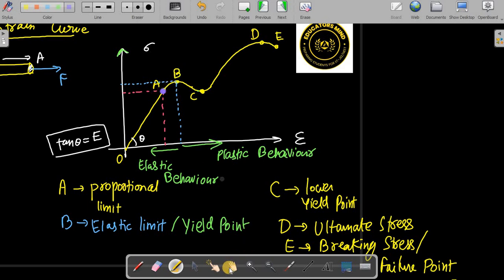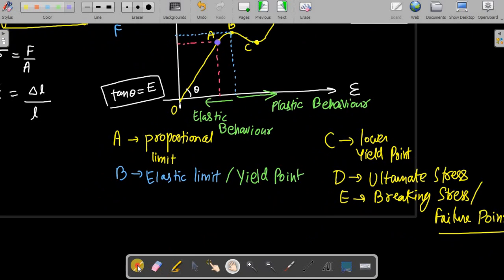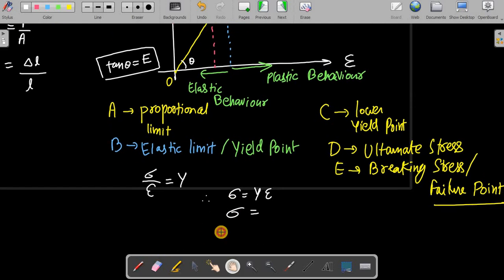The stress by strain ratio is Young's modulus, but in general form, stress can be written as Young's modulus into strain to the power n. If n is 1, it's a linear behavior, but n can be other than 1 also.